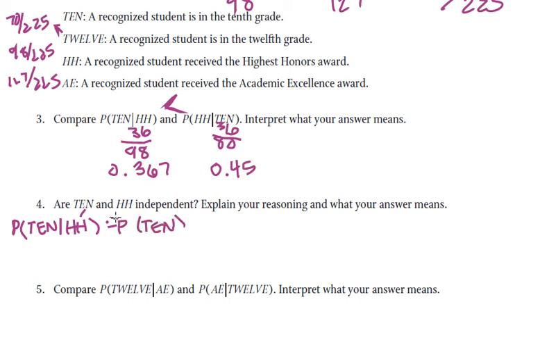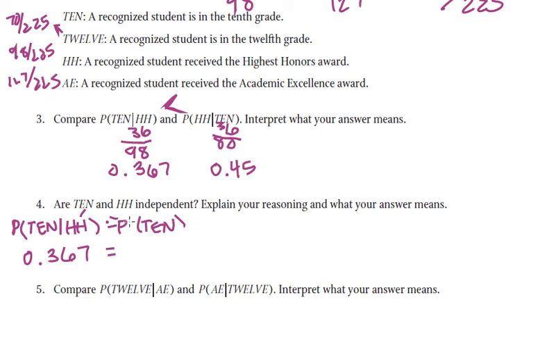Well, we know that the probability of 10 given HH is 0.367.